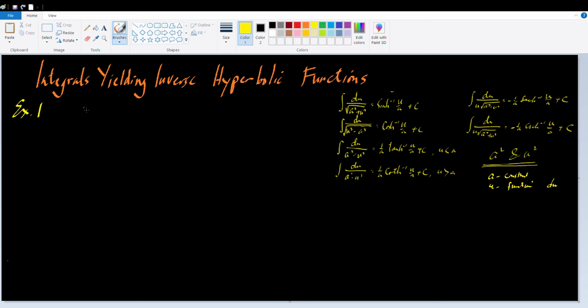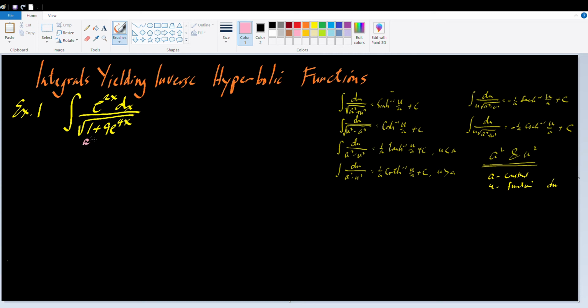So for the first one, let us evaluate the integral of e raised to 2x dx all over the square root of 1 plus 9 e raised to 4x. So we focus our attention on our radicand.